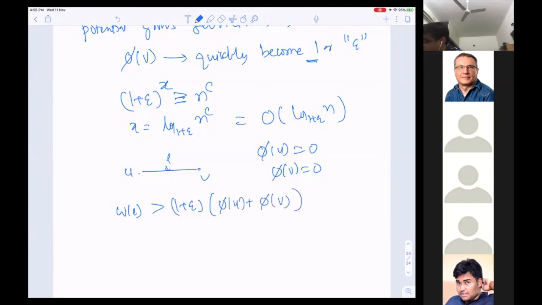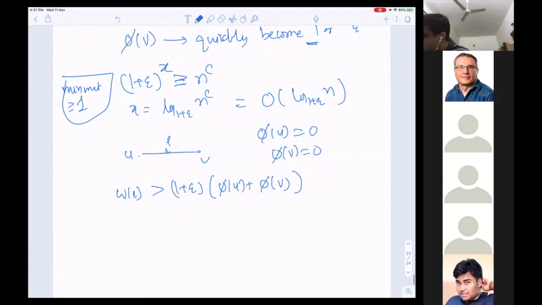So if we assume that the minimum weight is 1, this is fine, because the first time an edge has come, you know that it is at least 1 plus epsilon times 0, so it is more than 0, but it is at least 1. So now what potential will you be adding? To phi u you will be adding weight of E, and to phi v you will be adding weight of E. So this is great.